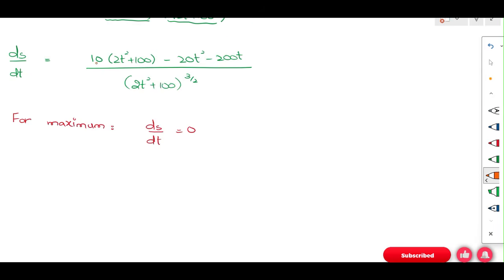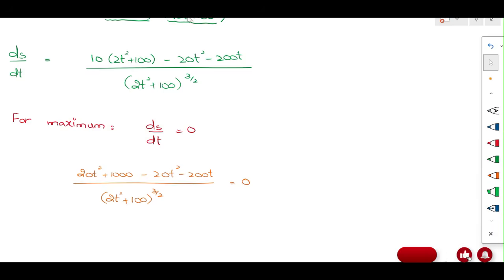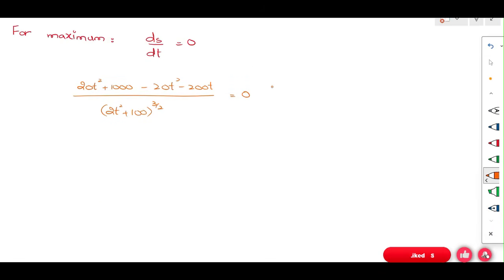So we can say 10 multiplied by 2, 2 times 10 is 20t square, 10 times 100 is 1000, minus 20t square minus 200t. Okay, everything divides by 2t square plus 100, its whole power is 3 by 2, that is equal to 0. Okay, now this term cross multiplied, this whole expression multiplied by 0 gives you 0.